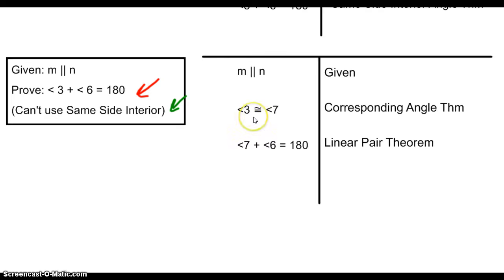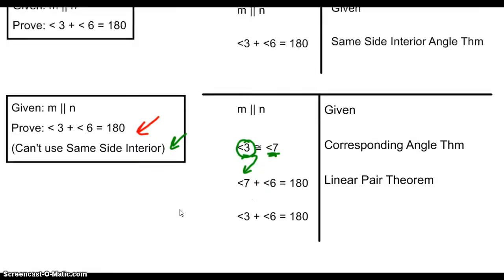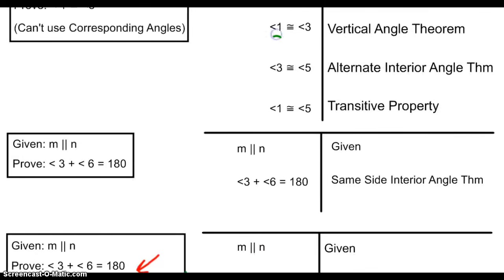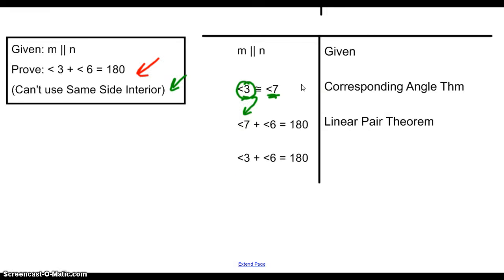And then, since 3 is congruent to 7, what I can do is just take this 3 and substitute it in for 7. And now I've got that angle 3 plus angle 6 is 180 degrees. Now, I wouldn't call this transitive because I'm not doing the thing up here where I'm chaining 1 to 3 to 5. But I am substituting that 3 in for the 7 to get to my final answer here. So we call that substitution property. And that ends this proof.